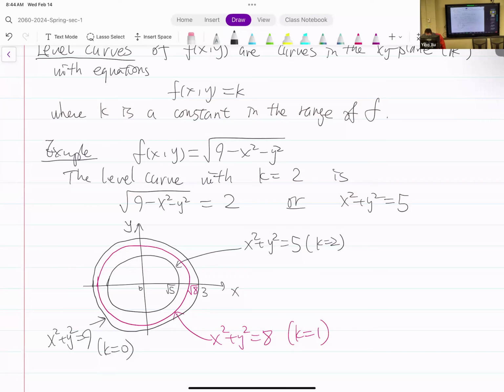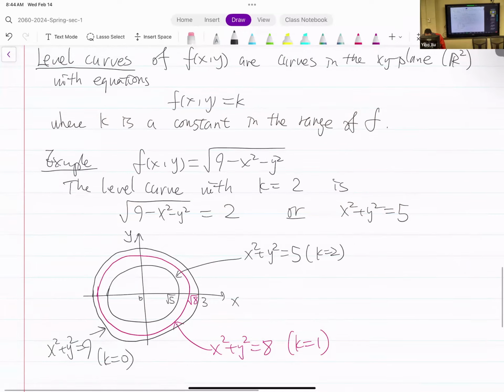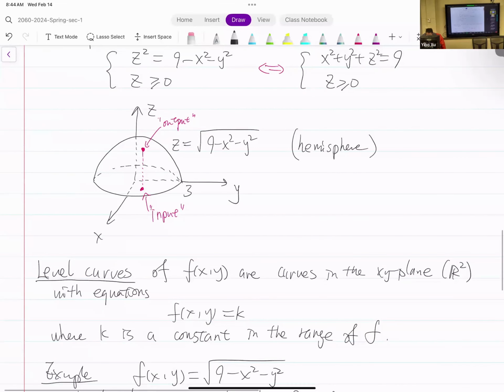So what does it look like in a graph? It's actually not difficult to sketch. Let me quickly get back to this figure, and let's cheat by copying.